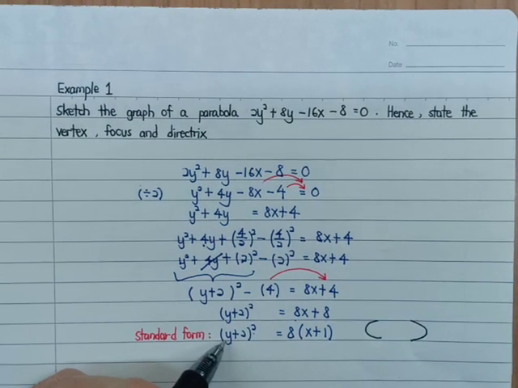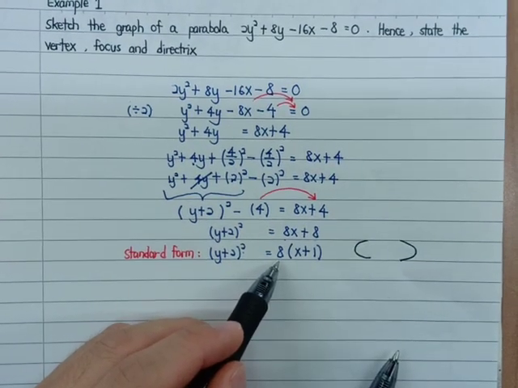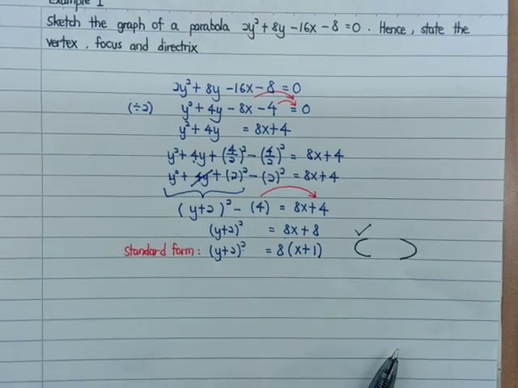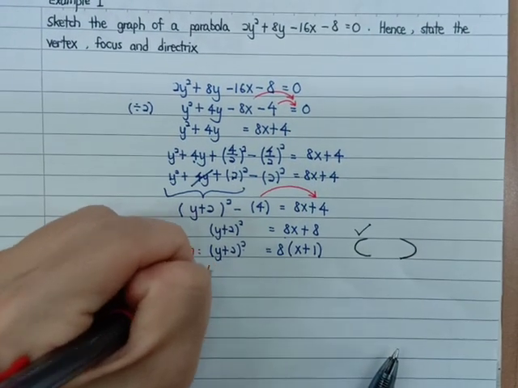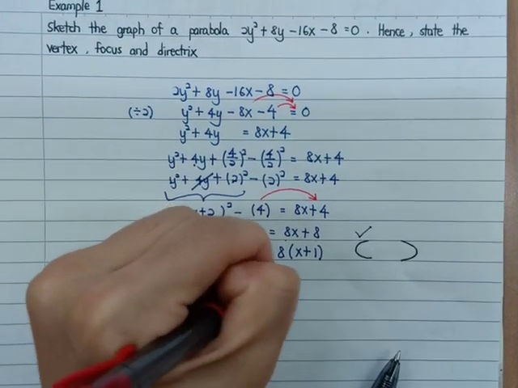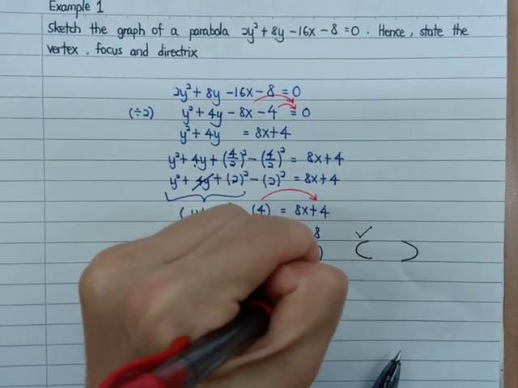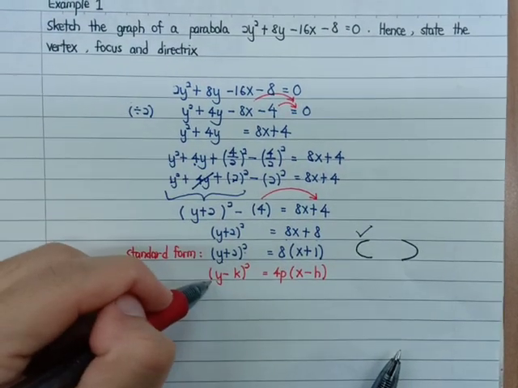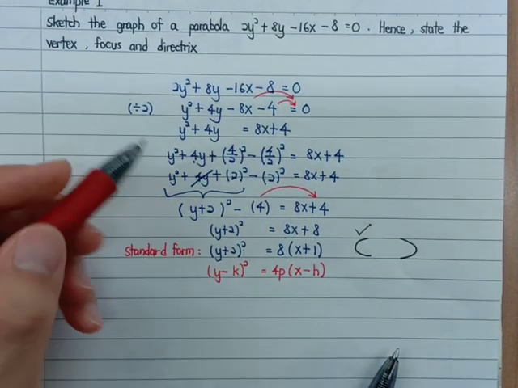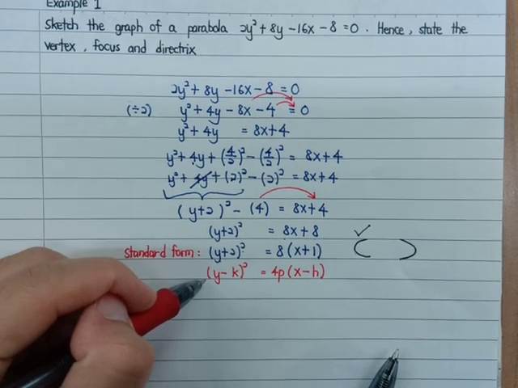Now here is positive 8, so it's open to the right. And the standard form will be y minus k squared is equal to 4p, x minus h. So this is the standard form for open to the right. You can refer to the previous video.